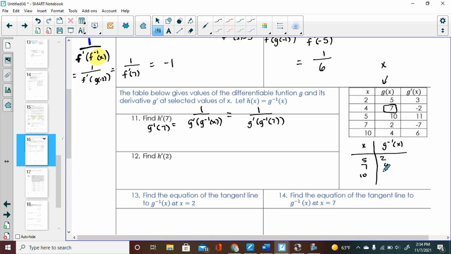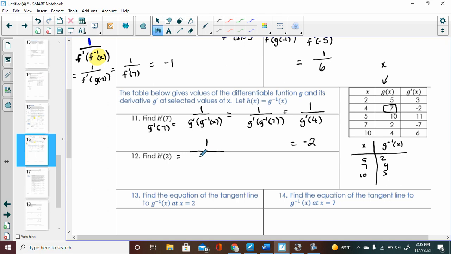So 10 and 5, so on and so forth. So I know that this equals 4. So I hope it's becoming a little bit clear. All right, now I just need to find g prime of 4, go to 4, and I get -2. Pretty straightforward.